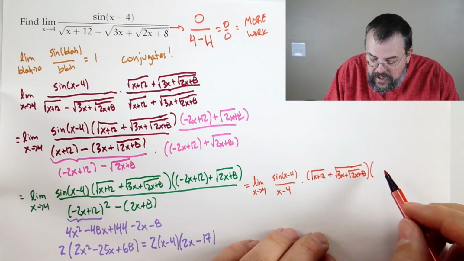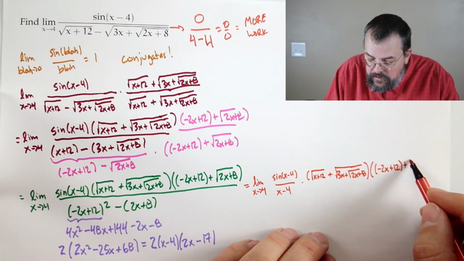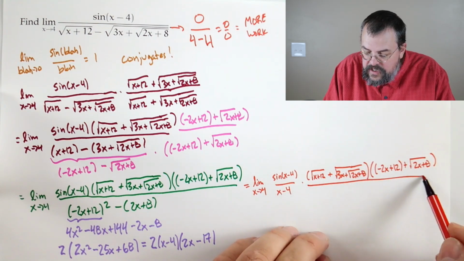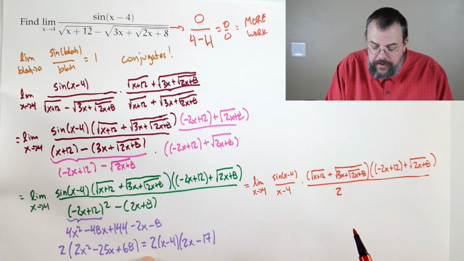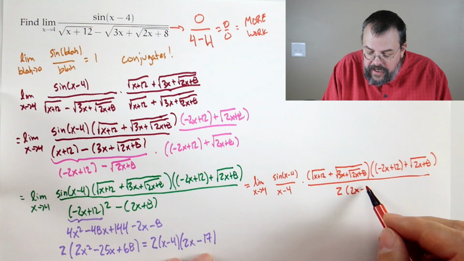Then times that by minus 2x plus 12 plus the square root of 2x plus 8. Downstairs, we have the 2, because we haven't done that. We already grabbed the x minus 4, and we have the 2x minus 17.